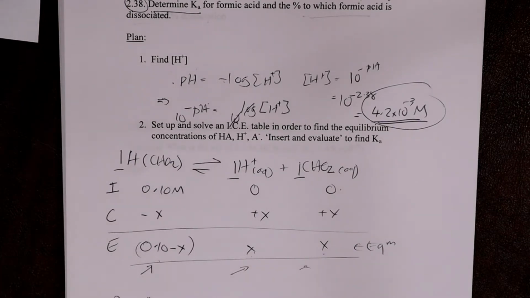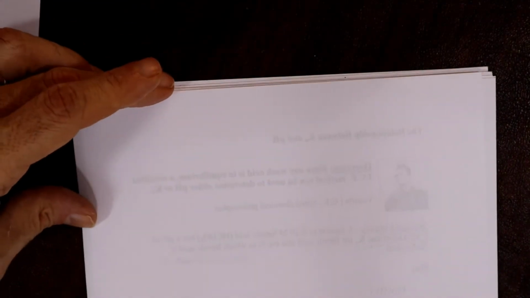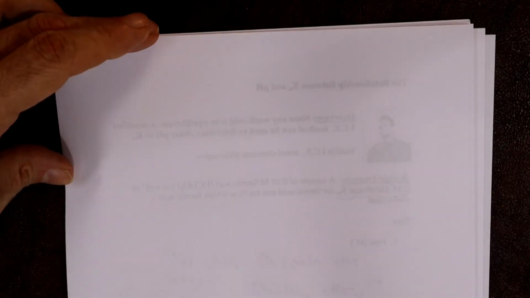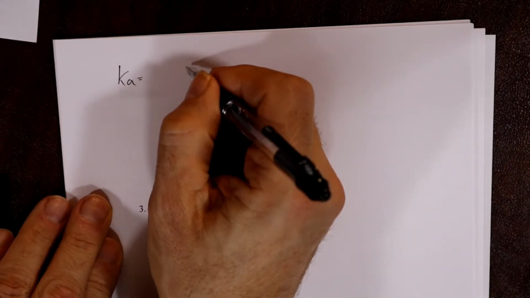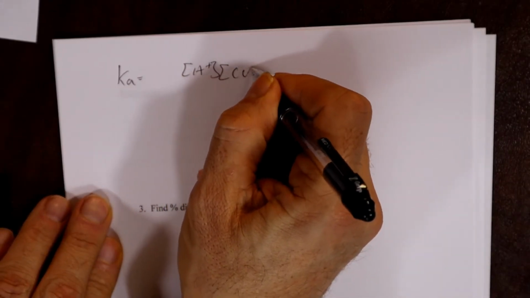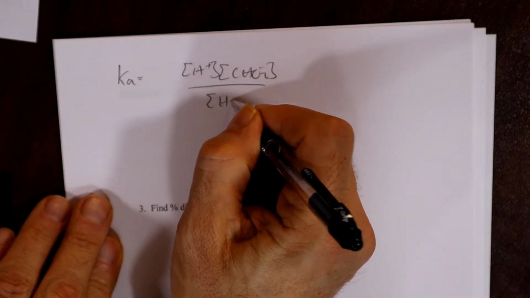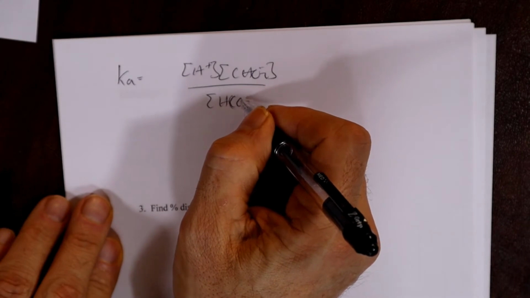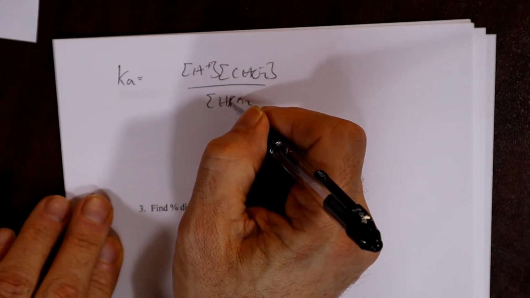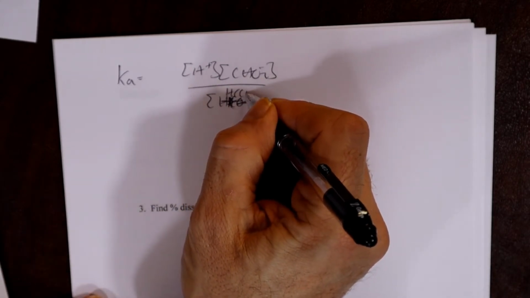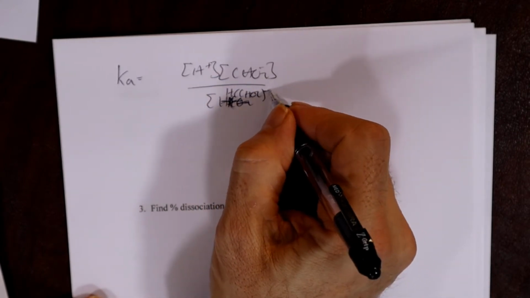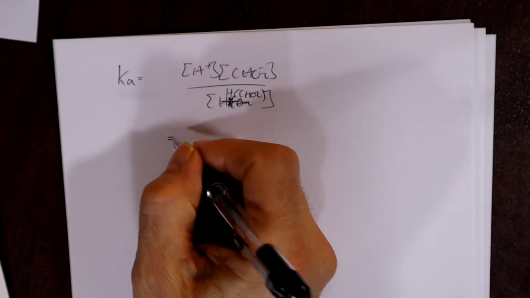I'll do the algebra work on the next page, but those are the numbers that we're going to throw in. So Ka equals products over reactants, HCHO2. Go back to the previous page.